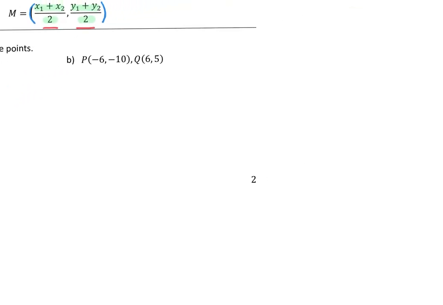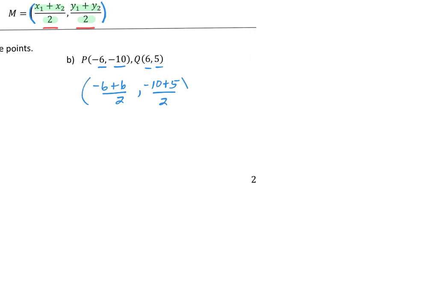Last example, in part B, we have the points negative 6, negative 10, and 6, 5. So if we add our x's, it would be negative 6 plus 6 divided by 2, comma, add the y's, negative 10 plus 5 divided by 2.